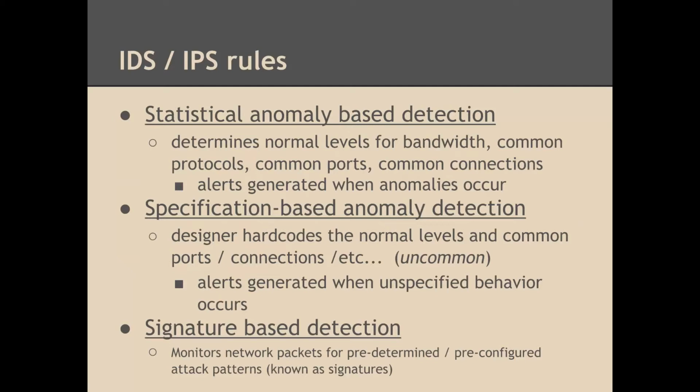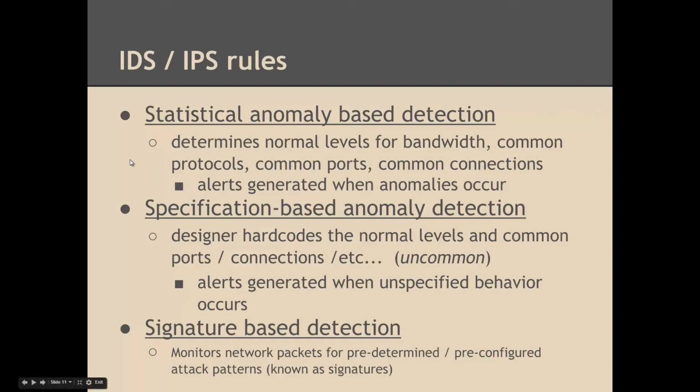Now, as for the types of analysis that these systems can perform automatically, there's the obvious signature-based detection: these series of packets with this payload represents an attack, and log it or kill it.